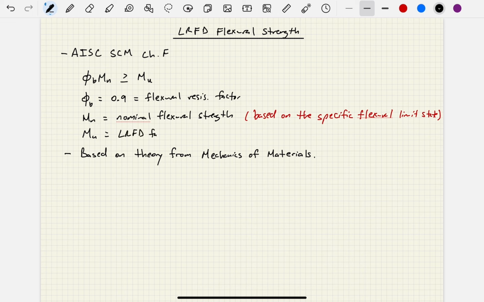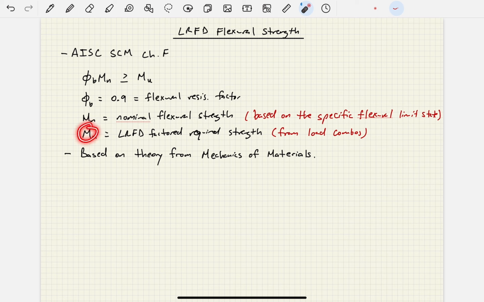LRFD factored required strength, and this is based on load combos. Okay, so I'll put it in parentheses here, from the LRFD load combos. All right, and that's the required moment strength.